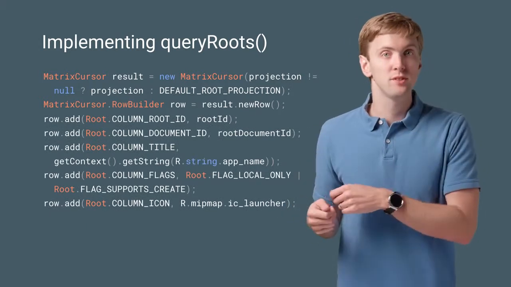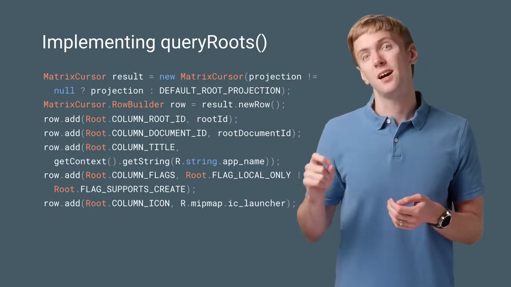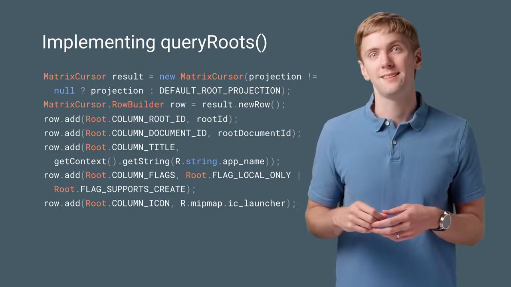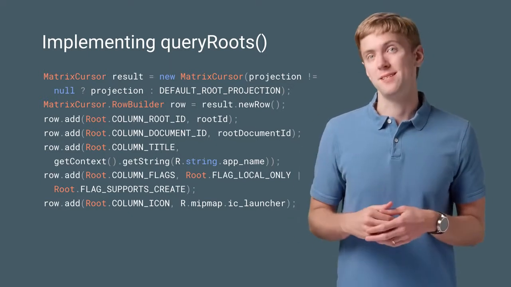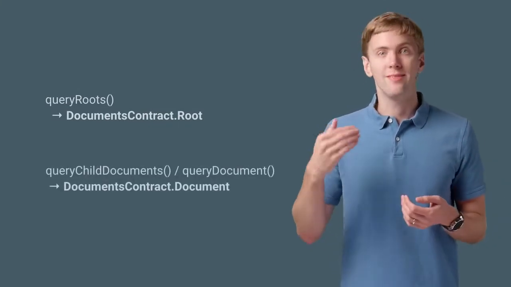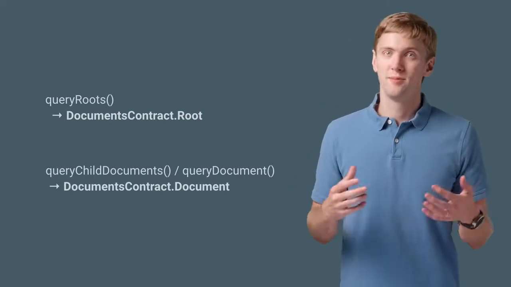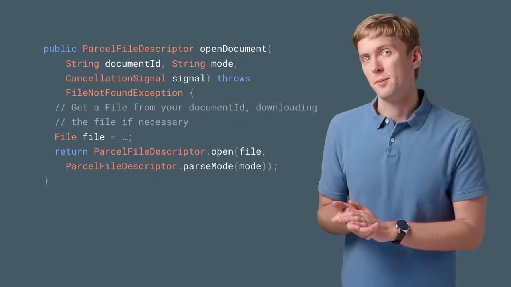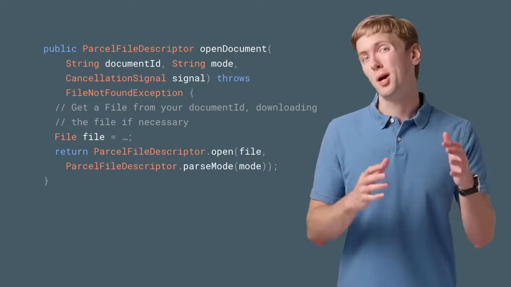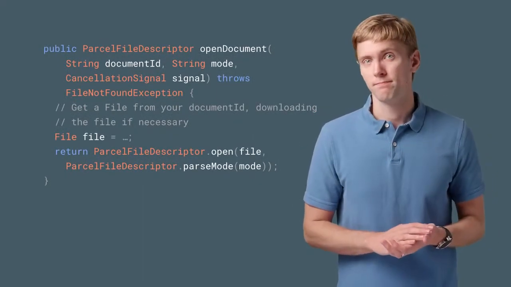For query routes, use the constants in the documents contract route class as the keys for each piece of data. And query child documents and query documents aren't much different, although in that case you'd use the documents contract document class for the constants.